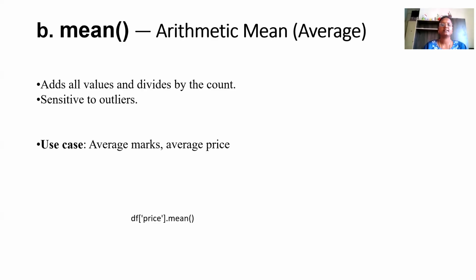The use cases are average marks, average price. When you want to find the average mark of all the students of a particular class, you can apply the mean aggregate function. For example, here we have given the syntax: if you have a price column in your data set, you can apply df of price column dot mean.